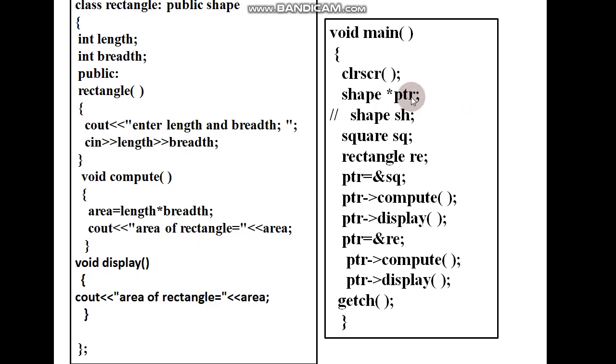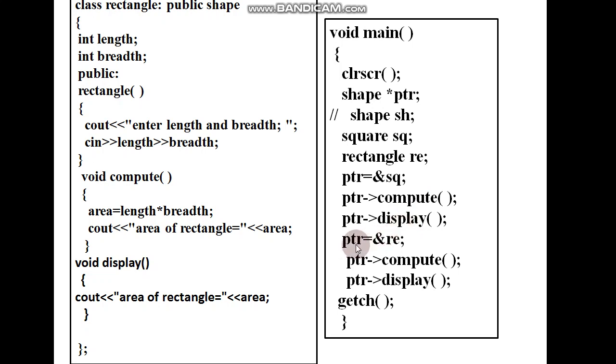So using a pointer of the base class, it can point to the objects of derived class. At runtime, we are resolving which member functions must be called. If PTR contains address of square, then functions from square class will be called.